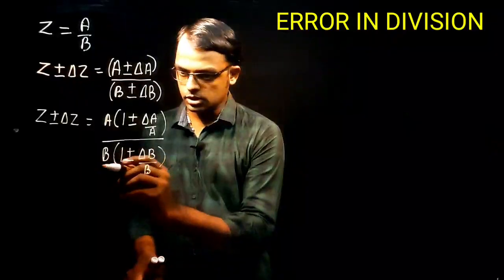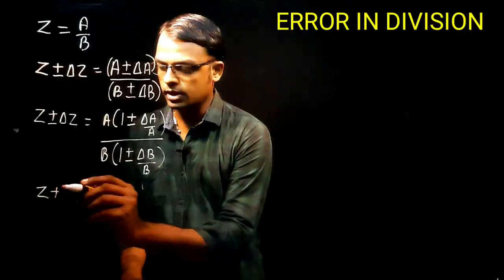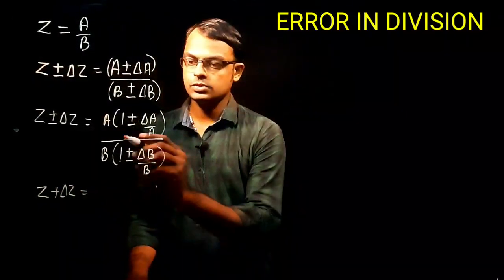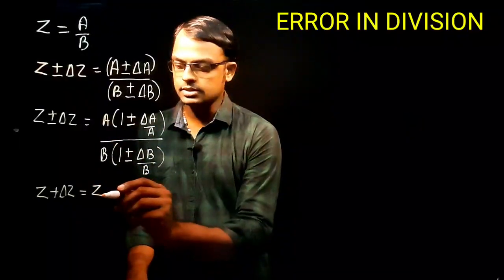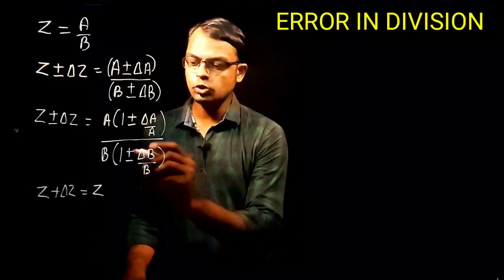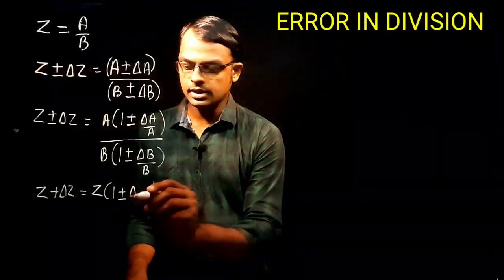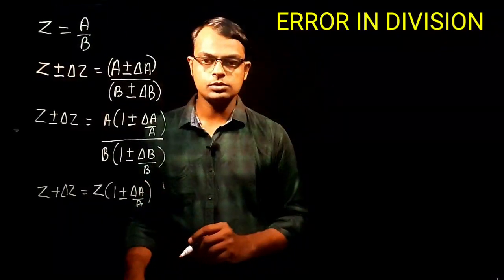So we can write this equation as Z plus or minus delta Z is equal to, see, A divided by B, I can write it as Z. Now what is the numerator? 1 plus or minus delta A divided by A, bracket close.